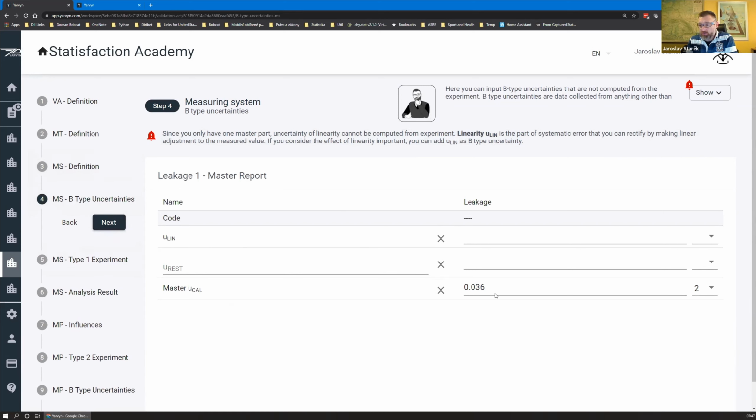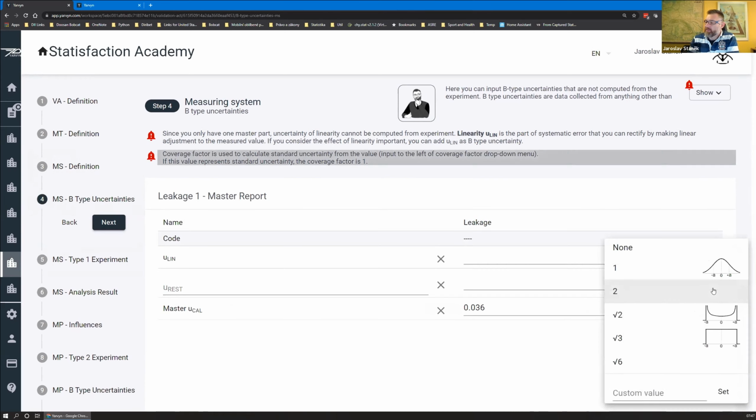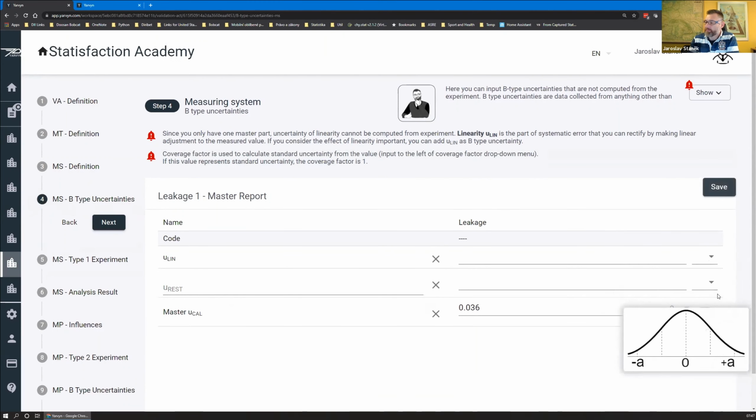The calibration report also carries the information on the uncertainty of the reference value. Every calibration report should have that. And in our case, it's 0.036 cubic centimeters per minute at 95%, which means the coverage factor is 2.